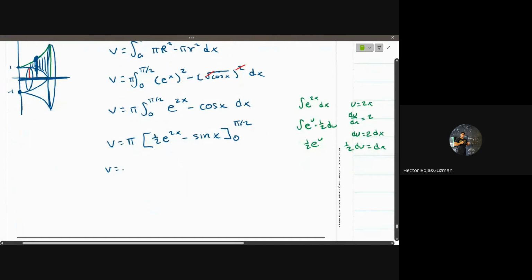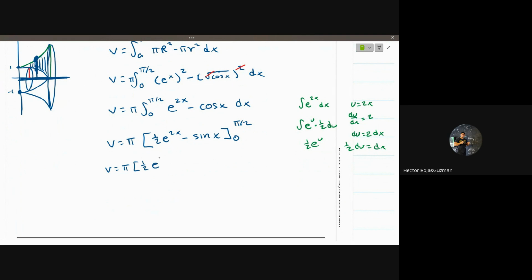So then the volume equals pi times 1/2 e to the power of 2 times pi over 2 minus sine of pi over 2, minus, in parentheses, 1/2 of e to the 0 minus sine of 0.